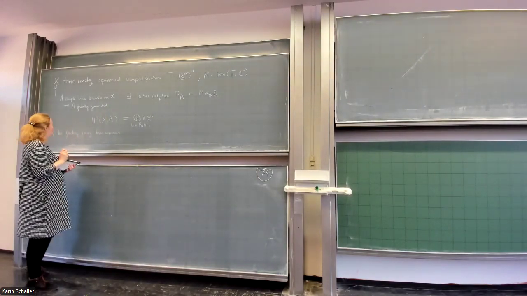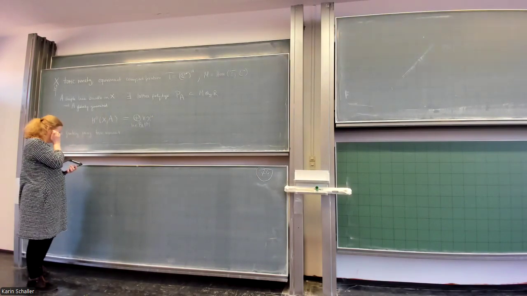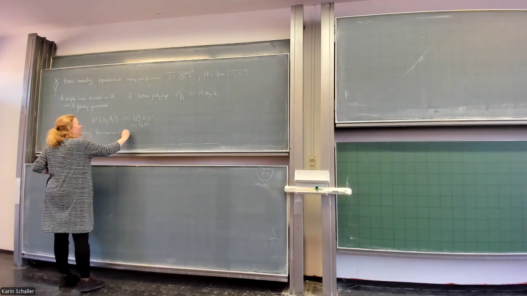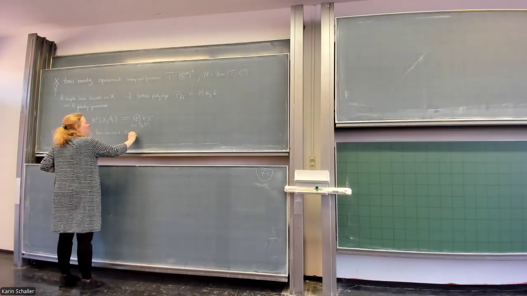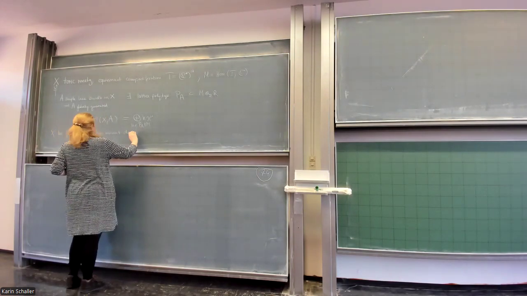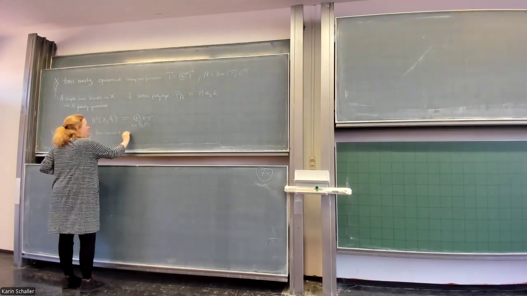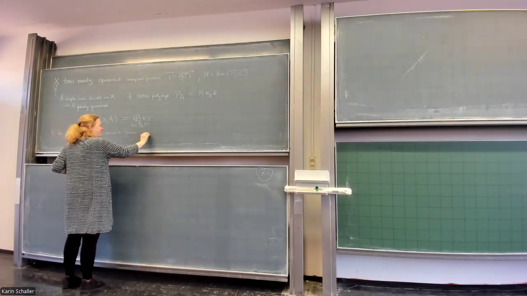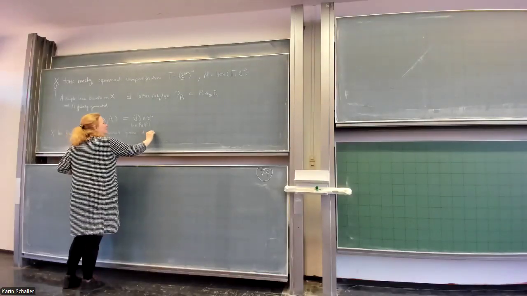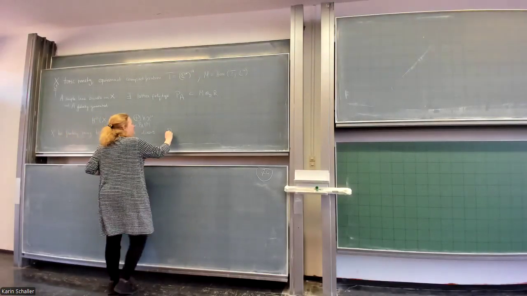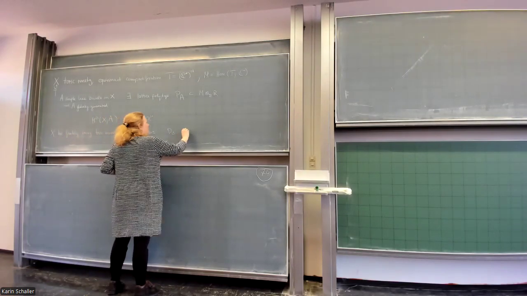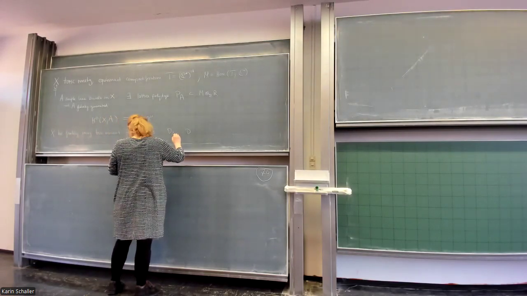Anyway, so X has finitely many torus invariant prime divisors. I tend to forget to say the prime, I always mean it: D_1 up to D_n.